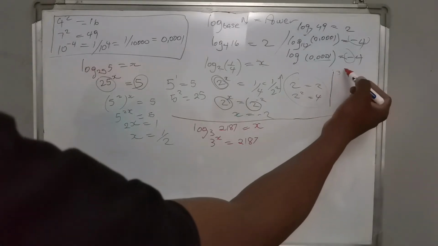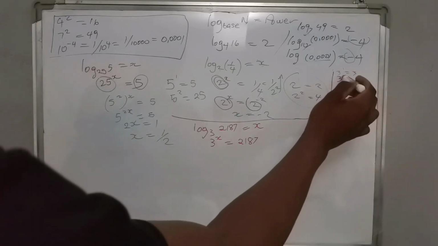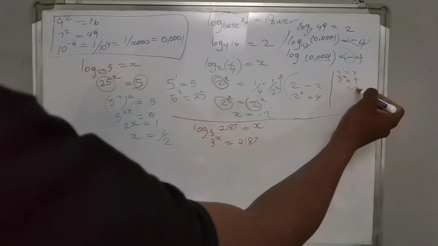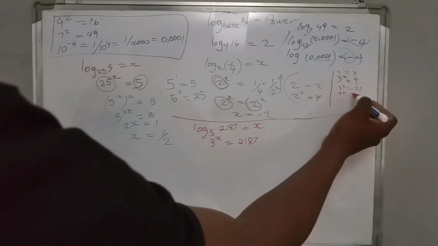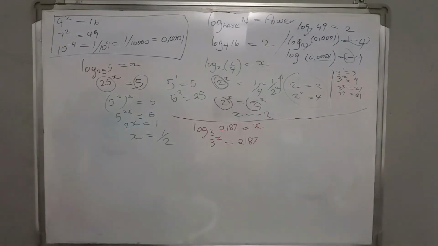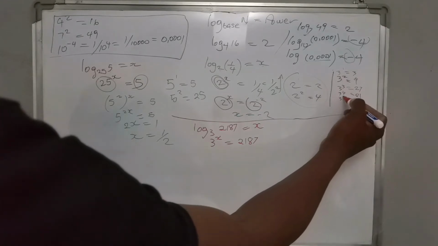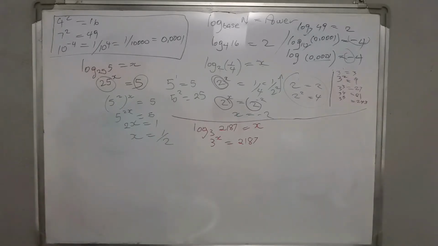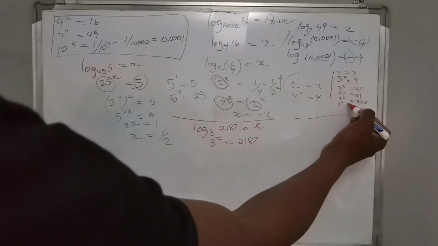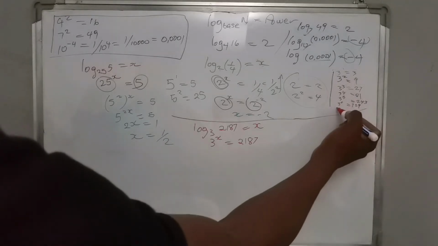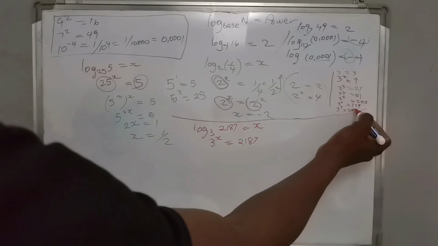So as we did with other numbers, we change it back to exponents, but we are controlled by the 3. 3 raised to 1 is equal to 3. Then 3 raised to 2 is 9. 3 raised to 3 is 27. 3 raised to 4 is 81. 3 raised to 5, the calculator says 243. 3 raised to 6 is 729. 3 raised to 7 gives us 2187.